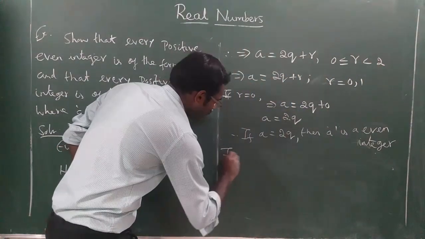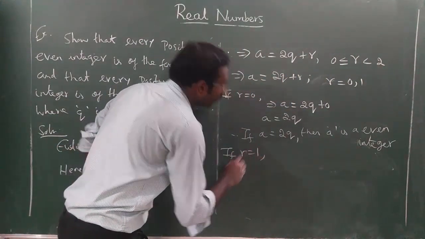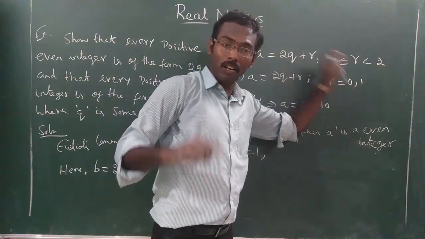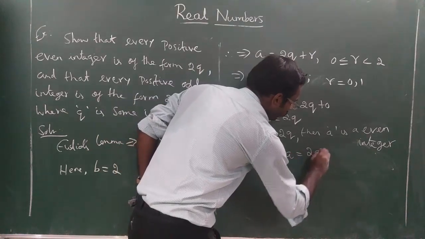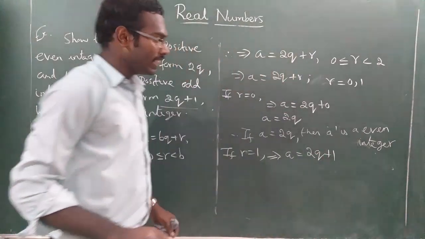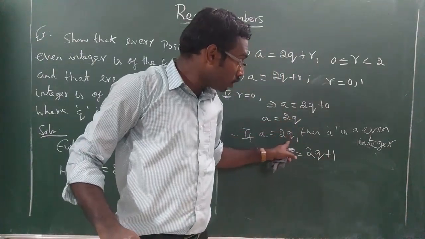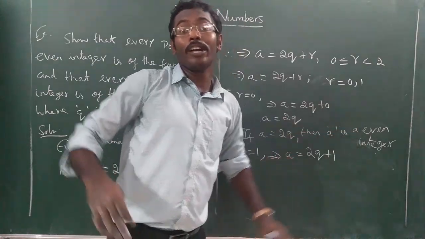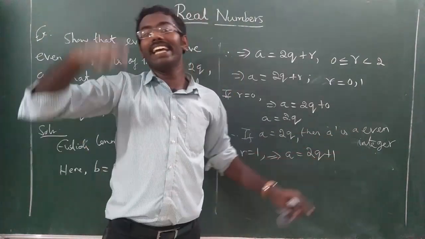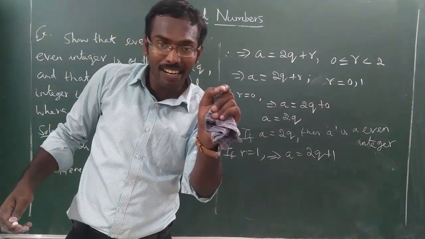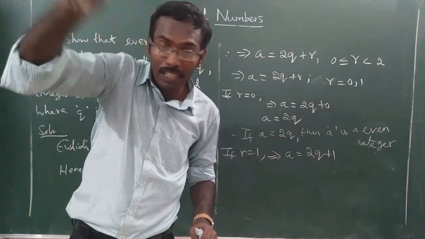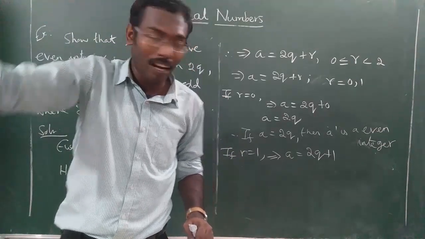Now, if r is equal to 1, r was equal to 0, now r is equal to 1. If r is equal to 1, it gives a is equal to 2q plus 1. See, when a is equal to 2q, it was even. When you add 1 to an even number, it will become an odd number. For example, 6 is an even number. You add 1 to that, 6 plus 1, 7. 7 is an odd number now.